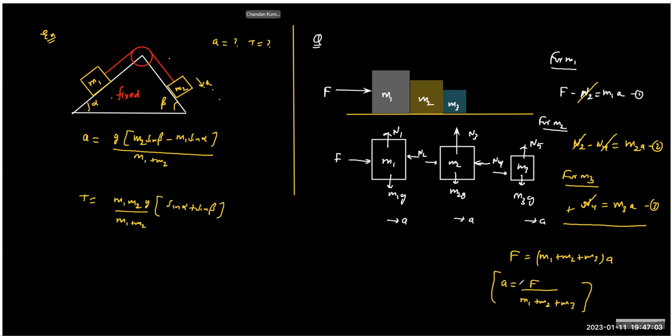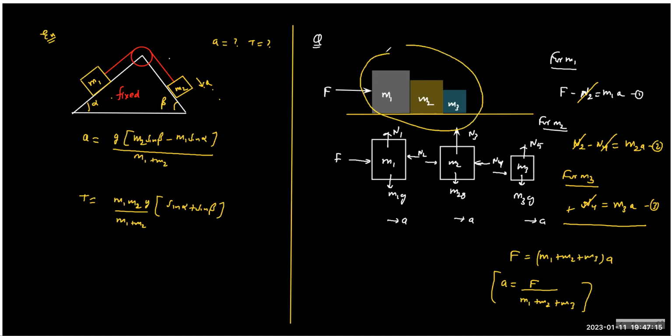Is this clear, guys? Yes, sir. Also, you can think about the concept of system. Because all 3 are moving together, if I take all 3 as a system, what is the net force on the system? F. Only F. Very good. So F equals the net mass of the system times acceleration.